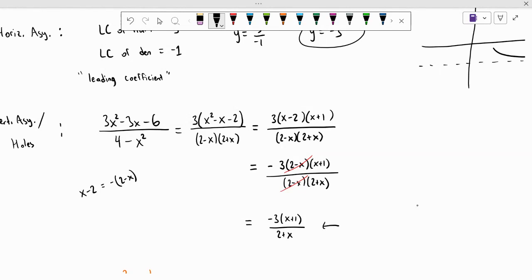From here, look at where the denominator is equal to 0. In this case, the denominator is 0 at x equals -2. So x equals -2 is going to give us a vertical asymptote.